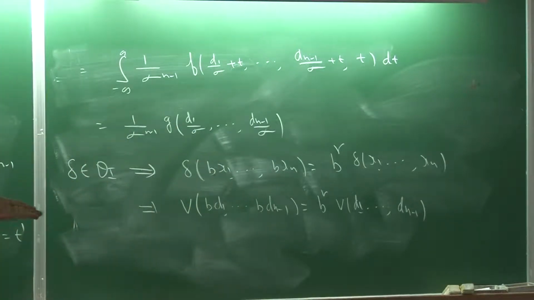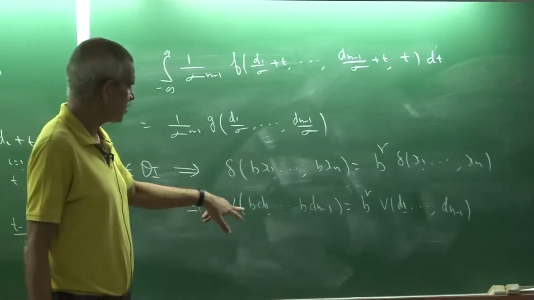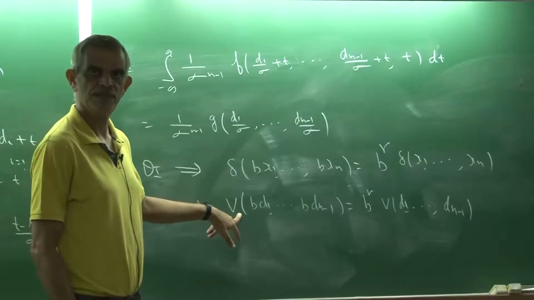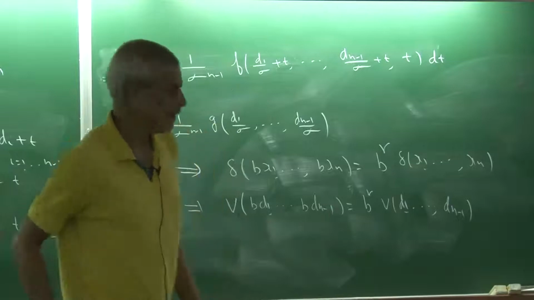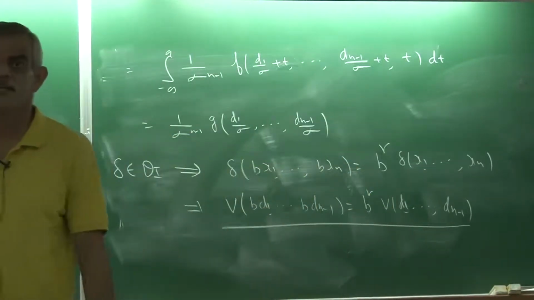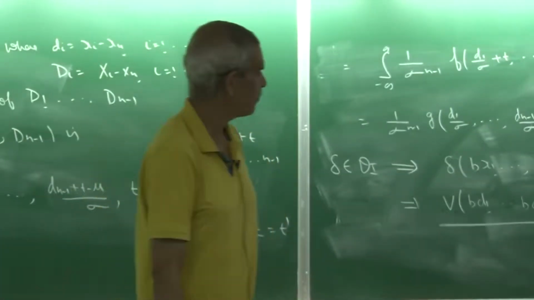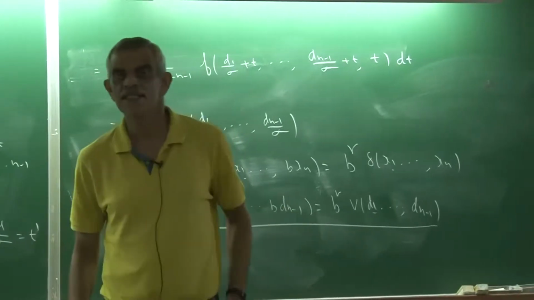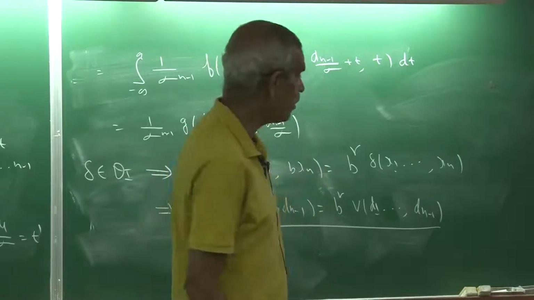What does this say? Any estimator would be a function of d1, d2, dn minus 1. That means it would be v of d1, d2, dn minus 1 for some function, and it should satisfy the property of a scale invariant estimator for the scale probability model, which we did before. Now, in this case, I have to see whether my loss becomes invariant or not.